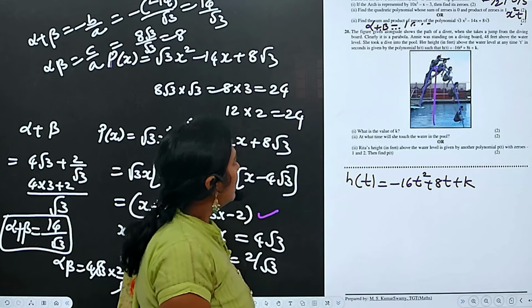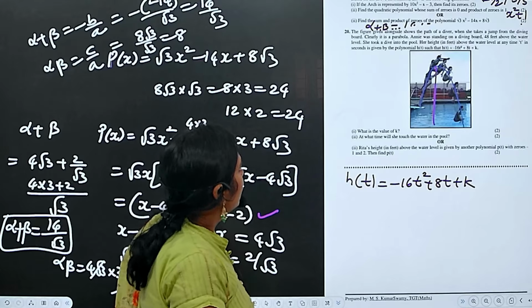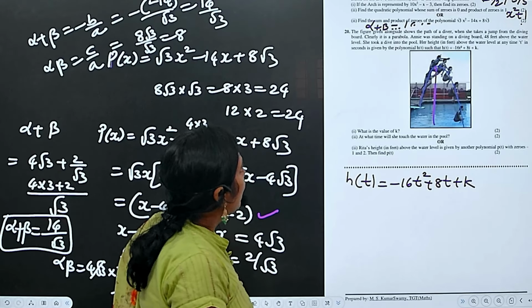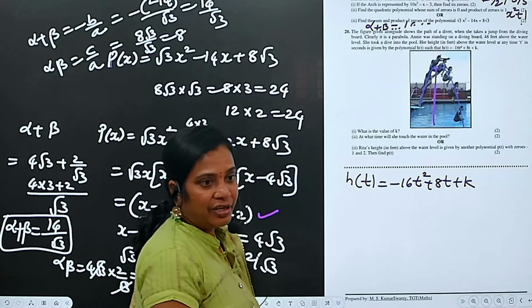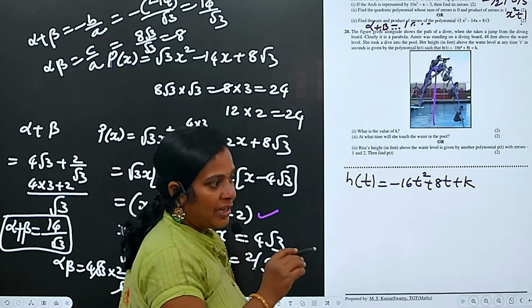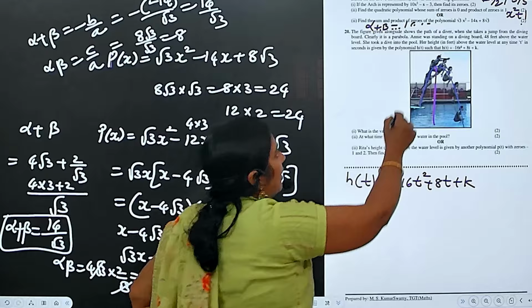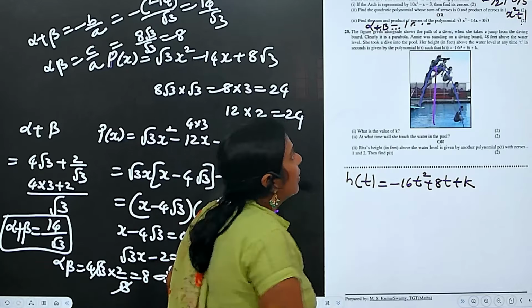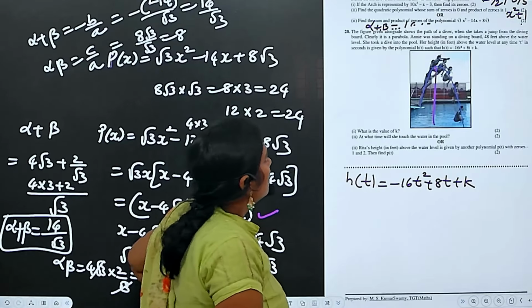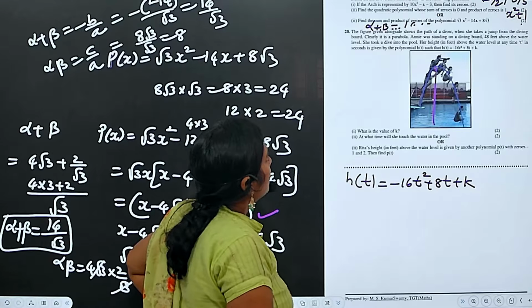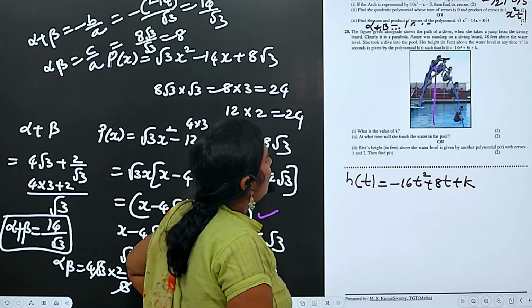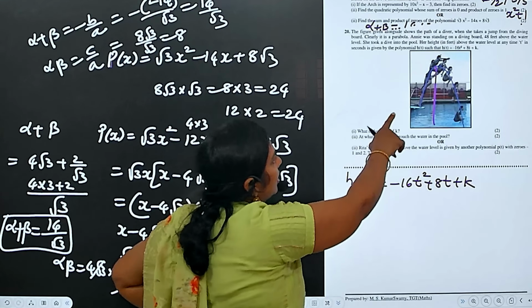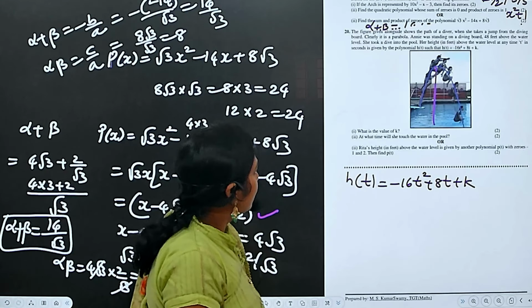So what is the value of k? ఏమంటున్నారు? డైవింగ్ బోర్డ్ ఈజ్ 48 feet. It was standing on a diving board 48 feet. That is the 48 feet.